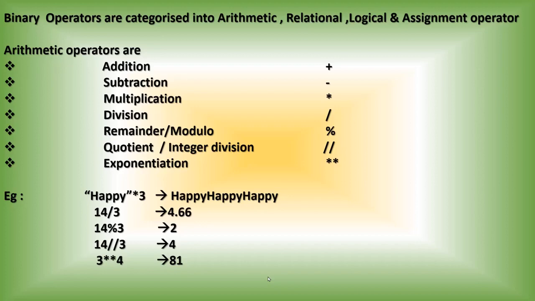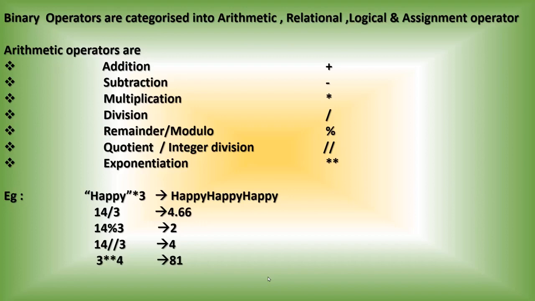I just told you that the remainder operator symbol is the percentage sign. And the next one is integer division, or we will call it quotient operation. That means after the division, you are extracting only the quotient. Quotient means only the whole number part, not the decimal part.